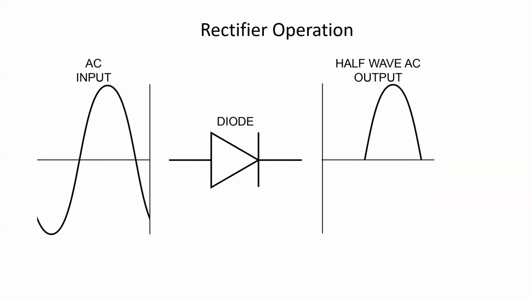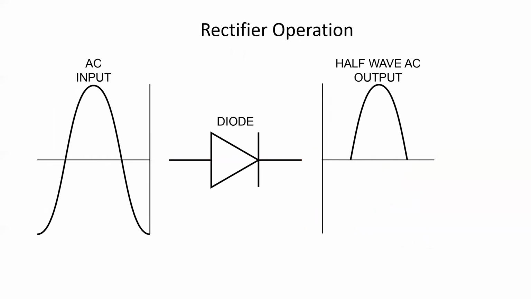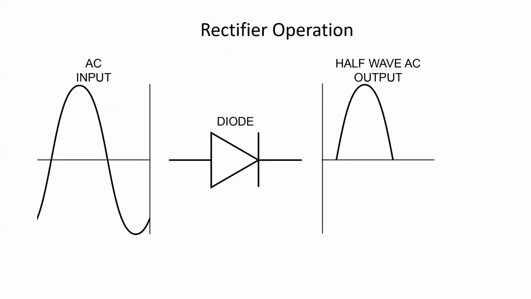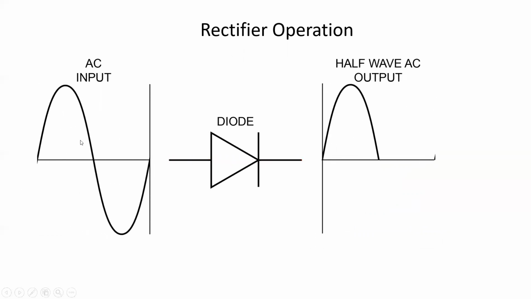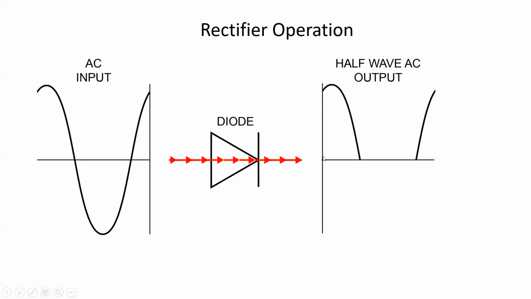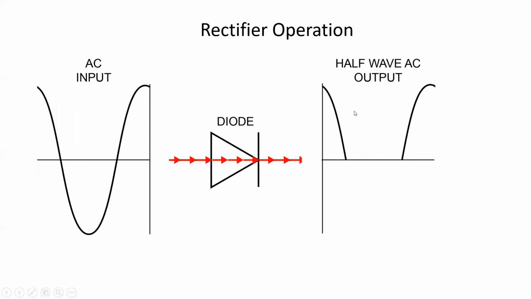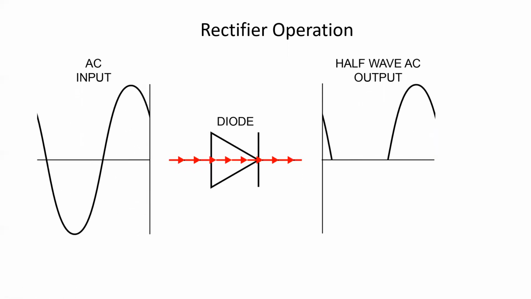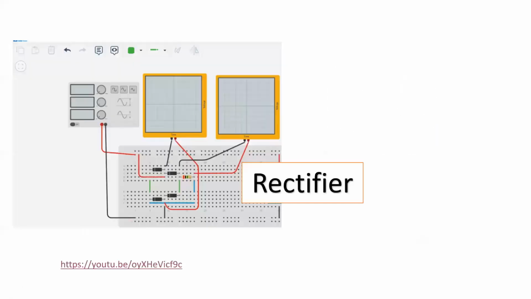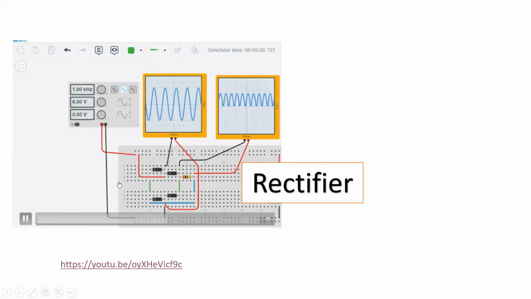Some of the applications of diodes include rectifier operation. Rectifier operation is where we give an AC input and we get an output as DC, or sometimes a half wave or a full wave rectifier as well. This is a simulation model that I was able to get, and this is a YouTube link where a teacher explained the concept of rectifiers very beautifully.